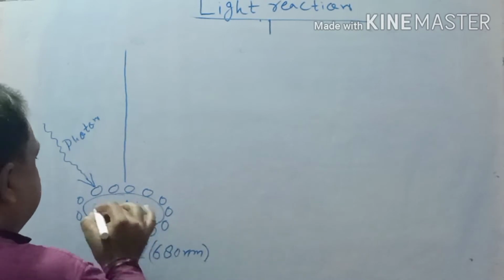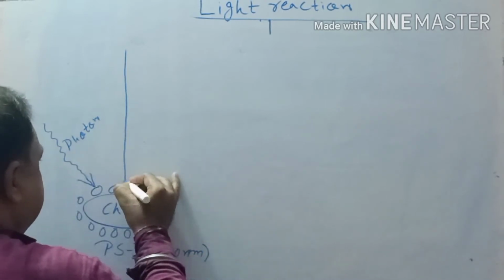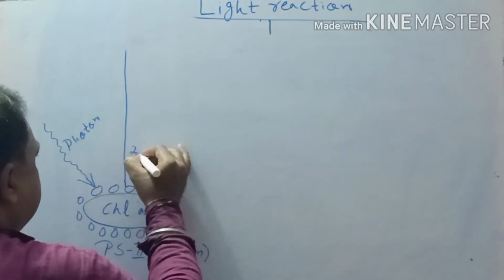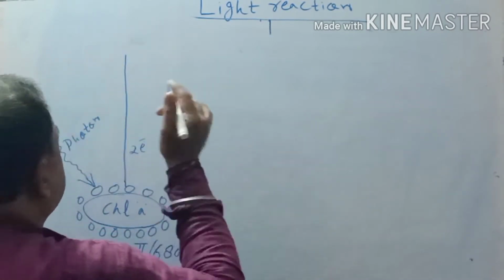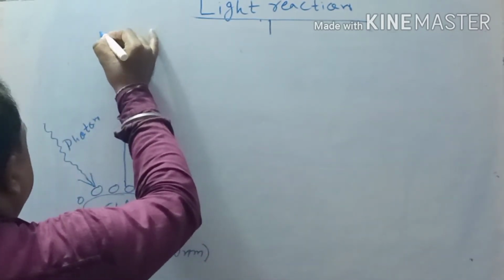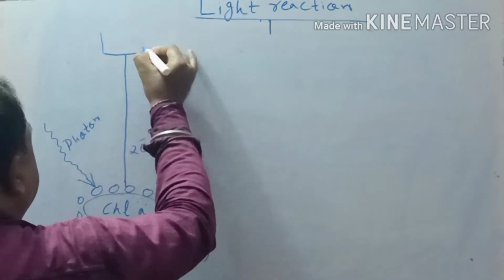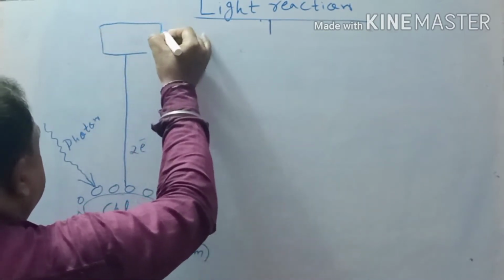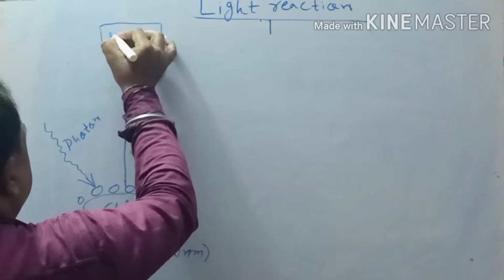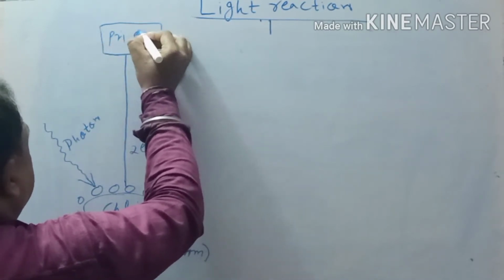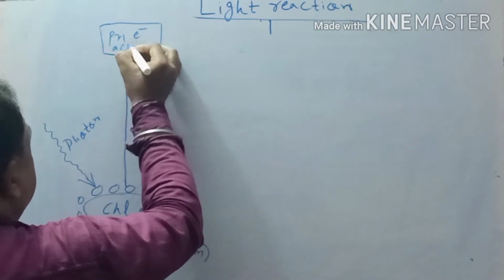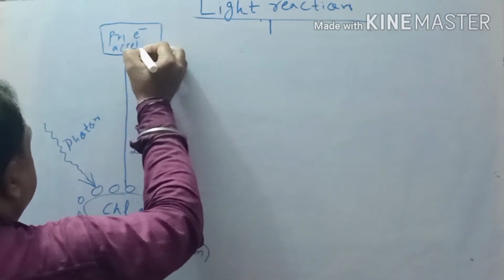Here it becomes excited, releases a pair of electrons, and this pair of electrons is accepted by the primary electron acceptor.